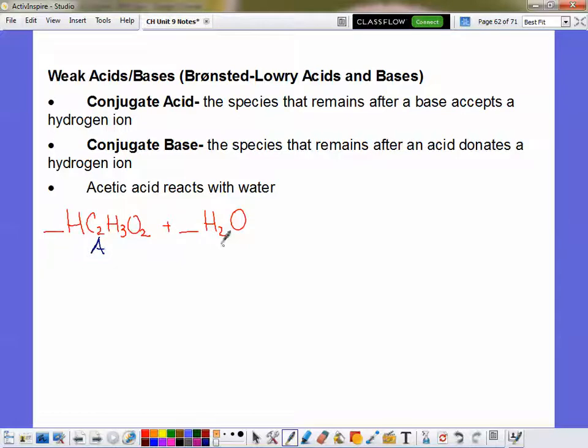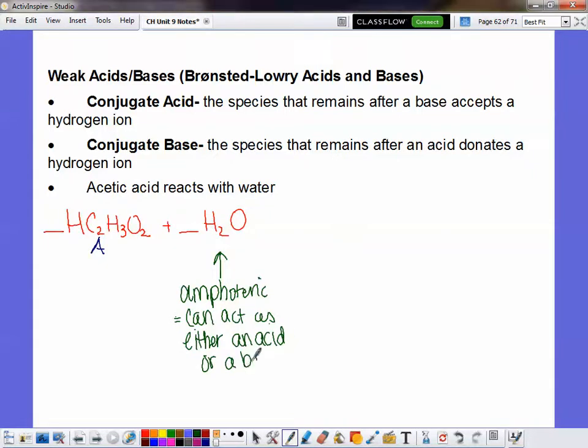Water is amphoteric, which means it can act as either an acid or a base, depending upon what it's reacting with.